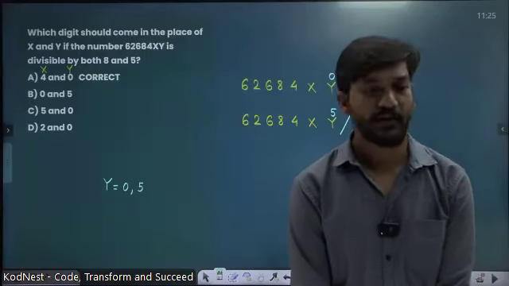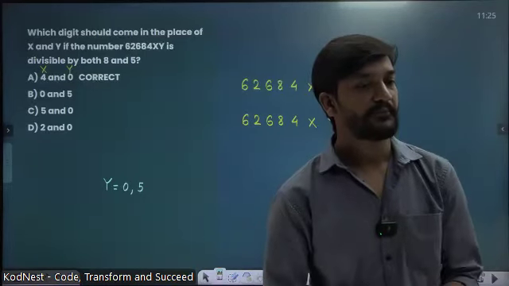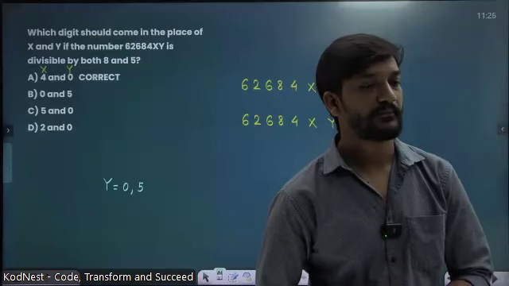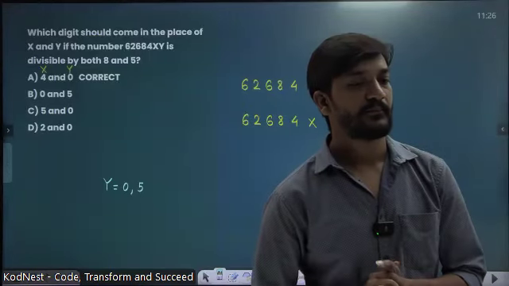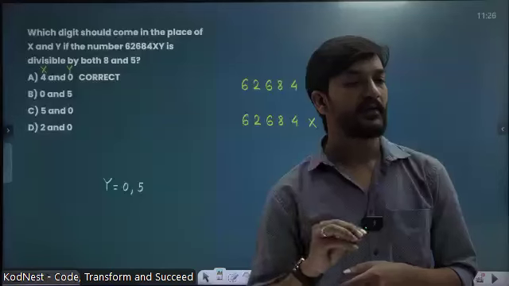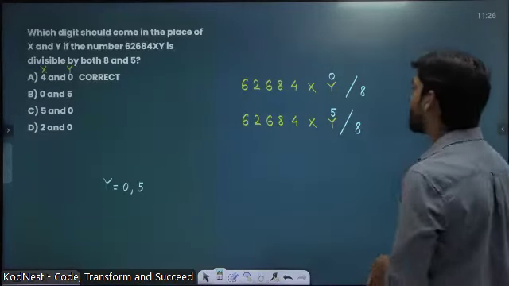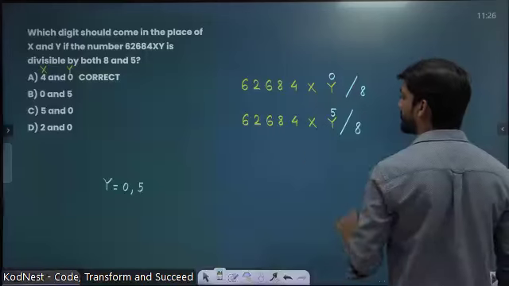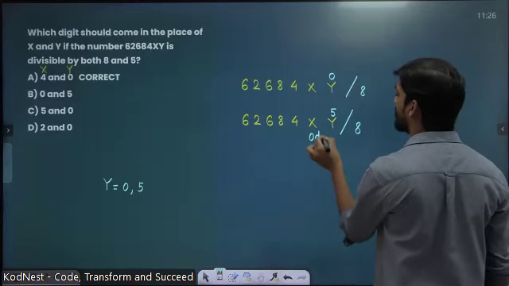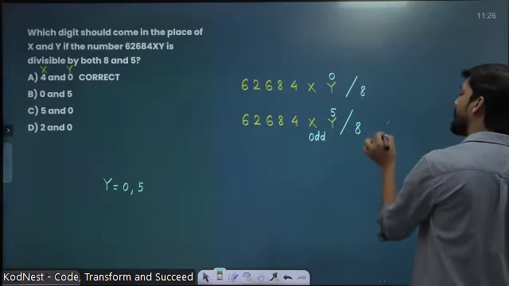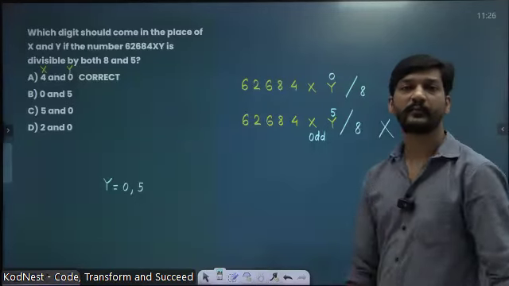What logic have you applied? Don't say in the table of 8, last digit cannot be 5. Say like this: sir, this is an odd number. Odd number will never be divisible by 8.